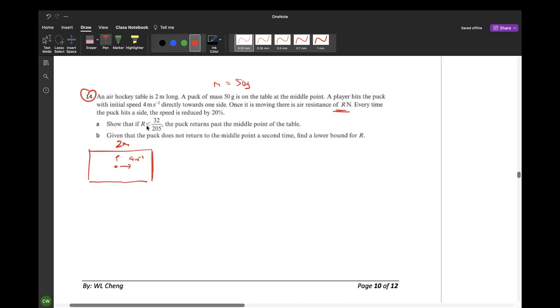Moves with R. Every time it hits the side, speed is reduced by 20%. If R is less than this, the puck returns past the midpoint of the table. How?